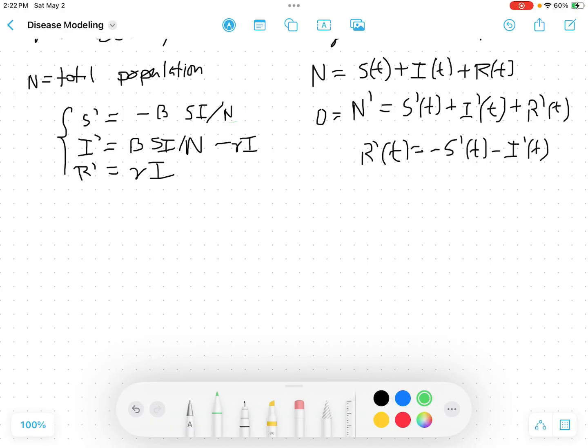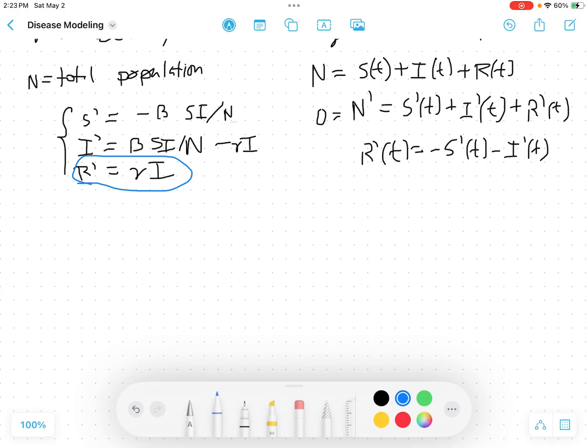And if we look at our system of equations, if we were to do negative S prime minus I prime here, we would get R prime here. So in other words, this R prime doesn't really add any new information to our system. Everything that we need to know is already encapsulated in S prime and I prime. So we can reduce down to a system of just two equations.